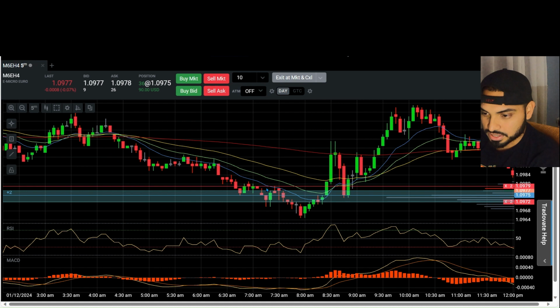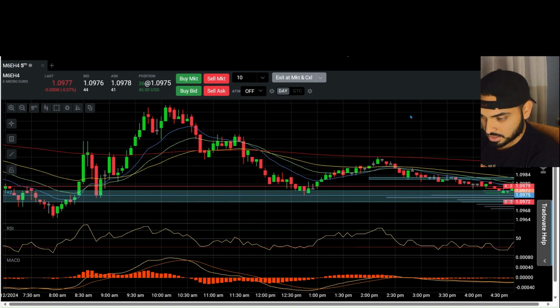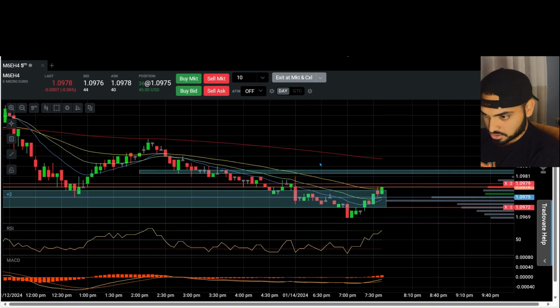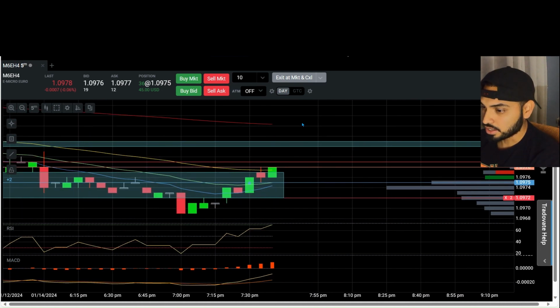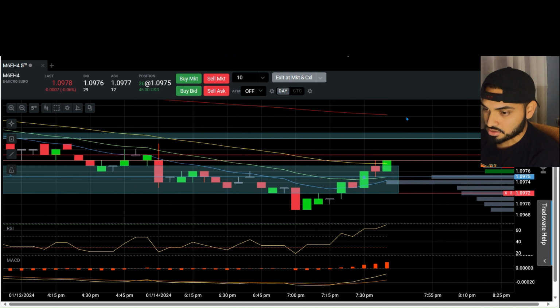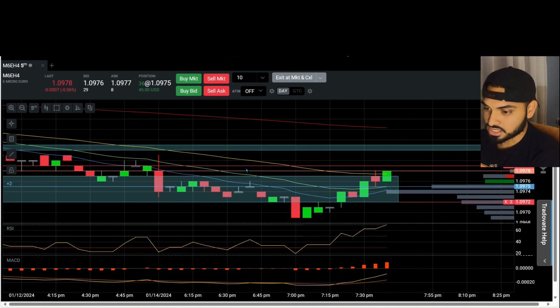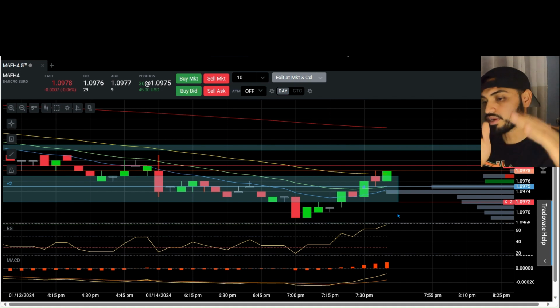Look how the EMAs point down, then as soon as price action starts going up, EMAs start curling up. So I'm just riding the waves, baby. So that is my strategy: using the 13, 24, 48, 200 EMAs, RSI, MACD, riding waves.